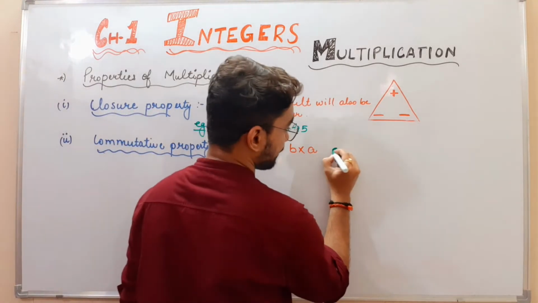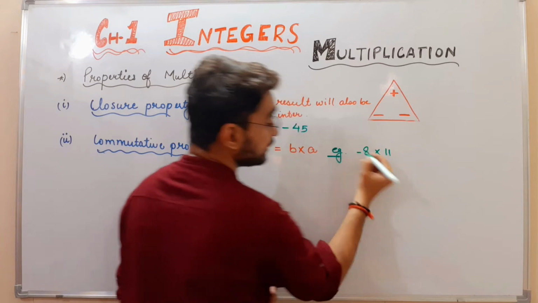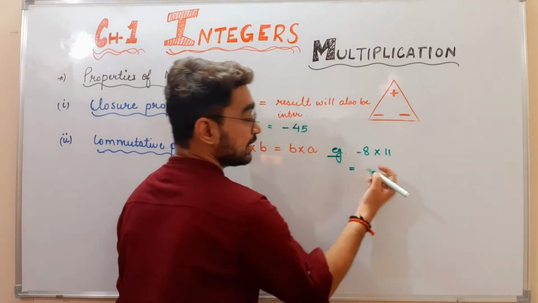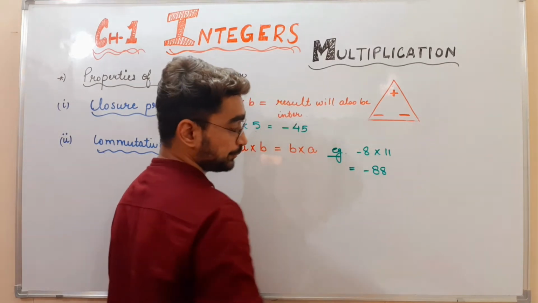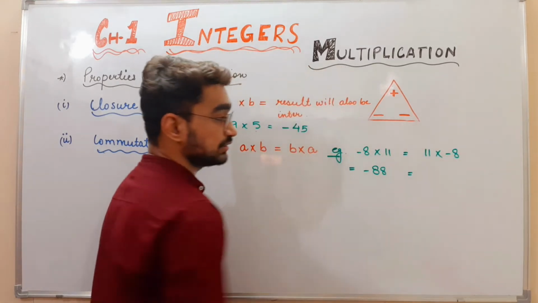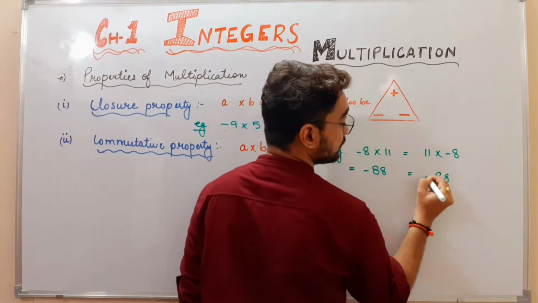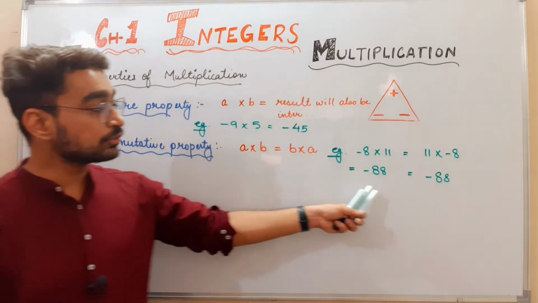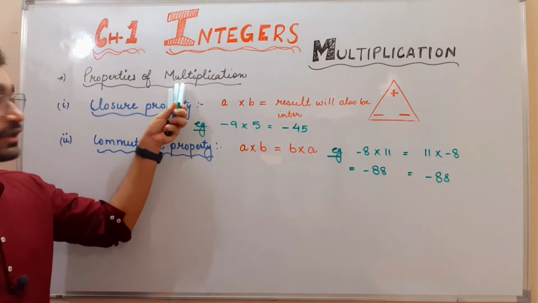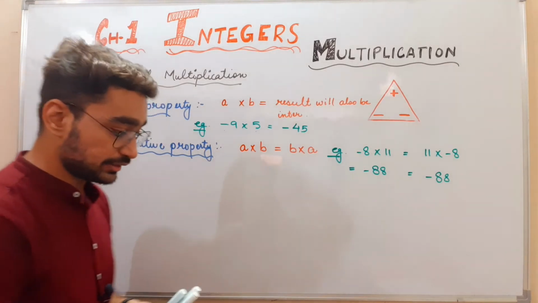Example: minus 8 into 11. Minus 8 into 11 will become 8 11s are 88, and minus 88. Will it be equal to 11 into minus 8? Yes or no? Check it. 11 into minus 8 will also be 11 8s are 88, then put the symbol of minus because one number is negative. So they both are equal. It proves that the commutative property is applicable in the case of multiplication, meaning A into B is equal to B into A. There is no doubt in that.